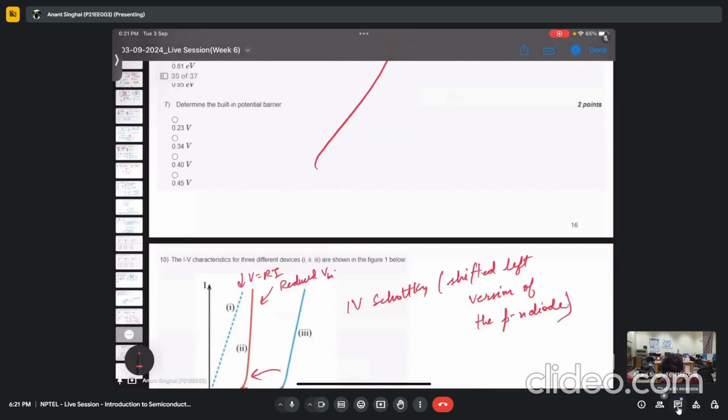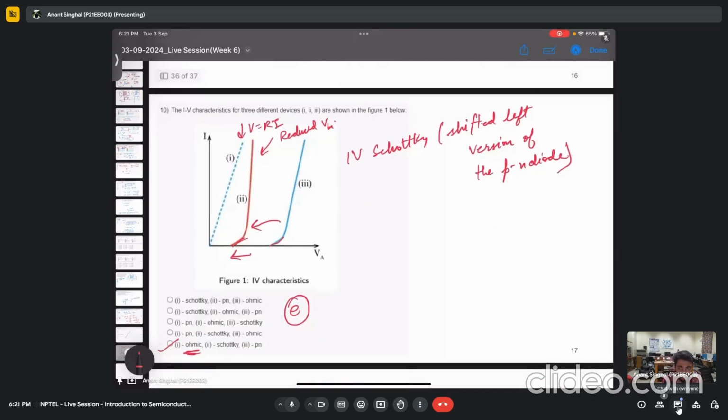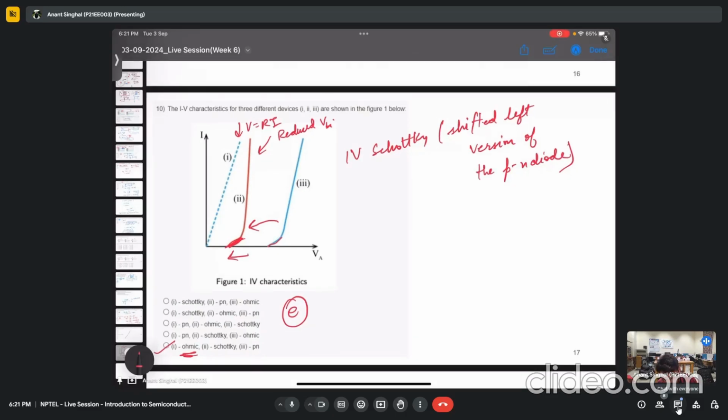Sir, will the Schottky always be shifted to the left with respect to PN? Yes, because we have a higher doping concentration here. The gradient that we have is more here, so we'll achieve forward bias much quicker as compared to a PN diode.